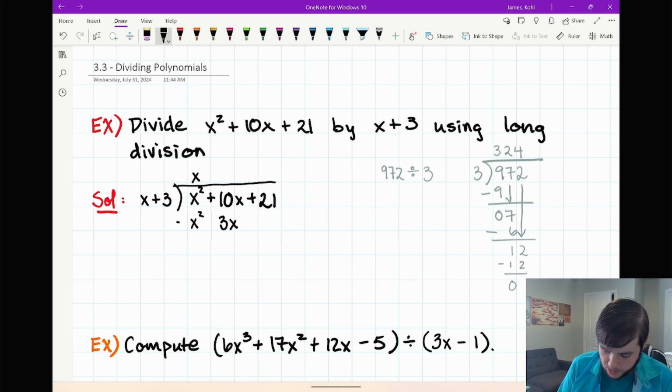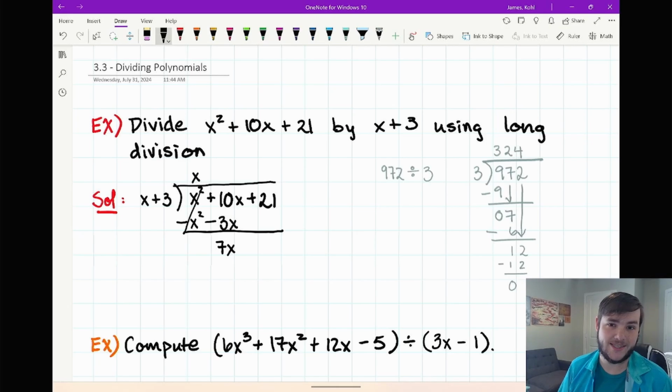So now I come through and subtract it all. Notice these cancel out, and I'm left over with 7x. Now I do the same process again. How many copies of x plus 3 fit into 7x without going over? The answer is 7 of them. So I multiply through by 7, and I get 7x.